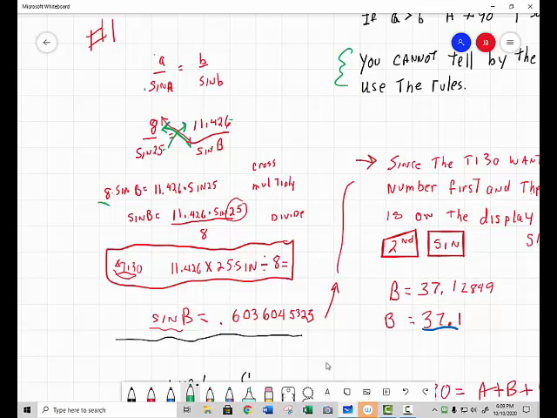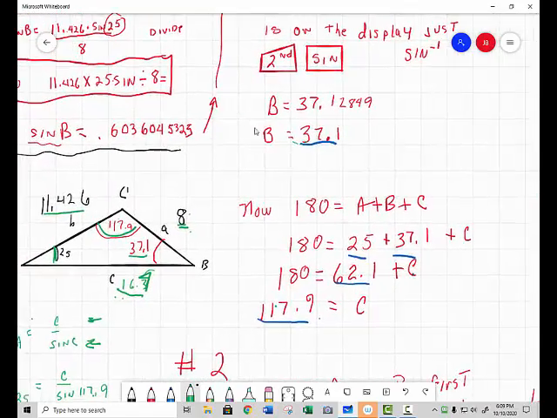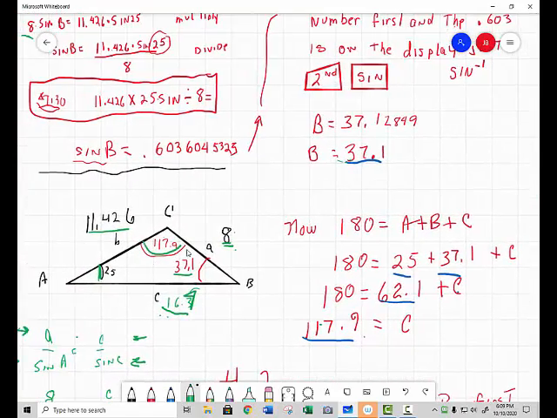Okay, that's that first scenario that we just got finished doing. And I know now that C could be 117.9 by subtracting that 62.1. And like I said, we just did this over here.